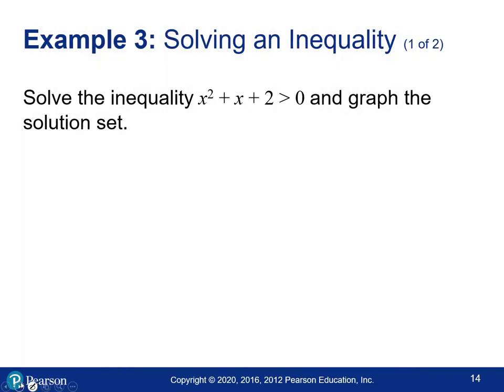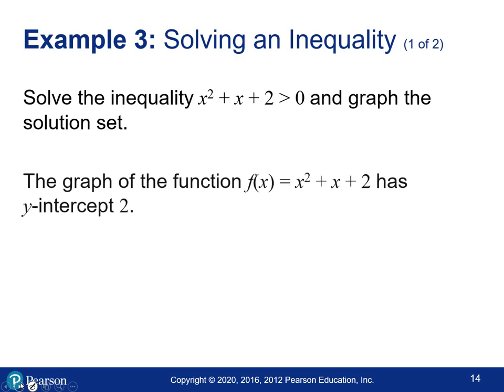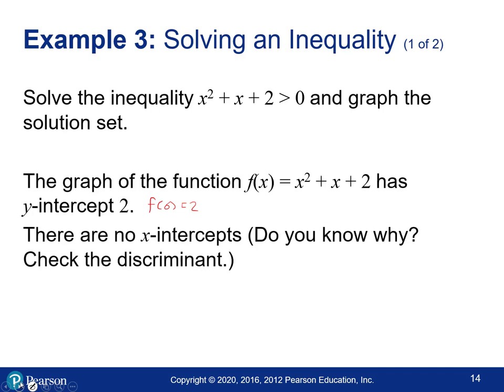Okay, well, just one more here. So solve this inequality: x squared plus x plus 2 is greater than 2. So this function has a y-intercept at 2 if you plug in 0. So remember, just f of 0, plug that in, you're going to get 2. Then this graph actually has no x-intercepts. So remember this from when we learned about quadratic functions.